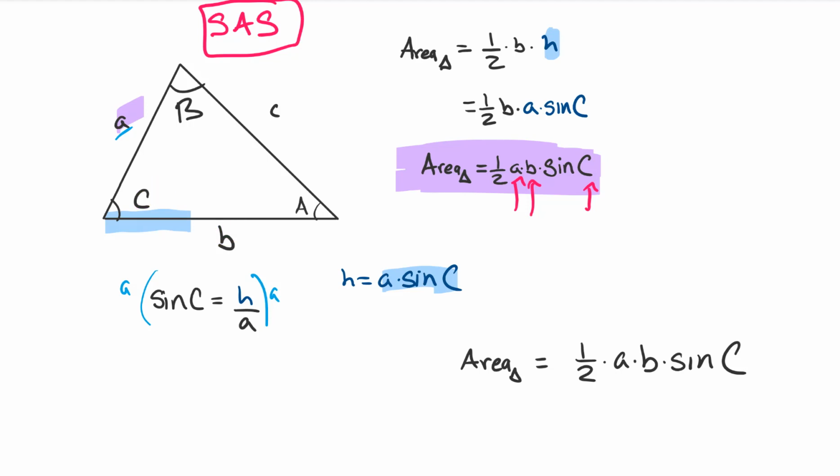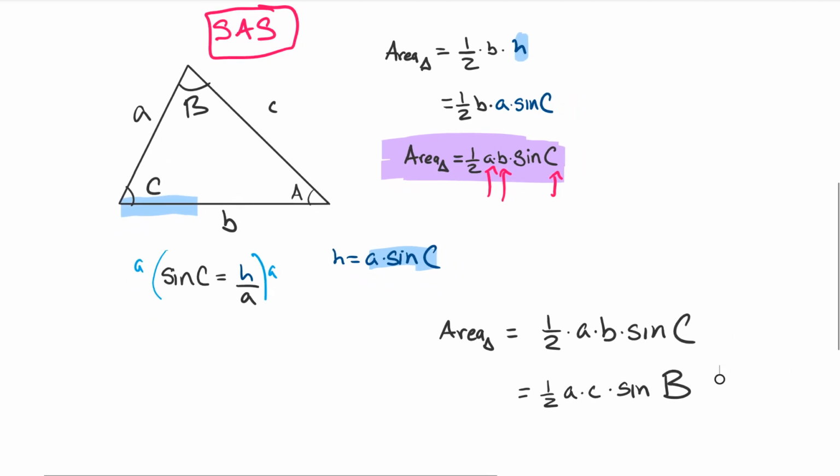Now how else could we set it up? Let's take two sides and trap an angle in between. So we have another formula that would be 1/2, let's do alphabetical order, A times C times sine of the angle that's in between, and that would be big old B. Now, if we play the game one more time, it's not really three different formulas.